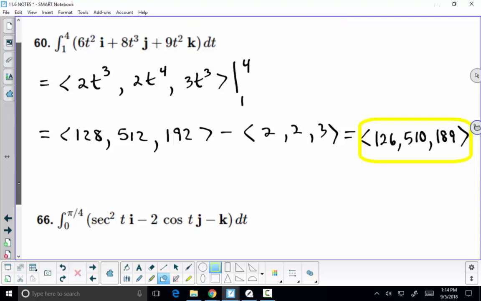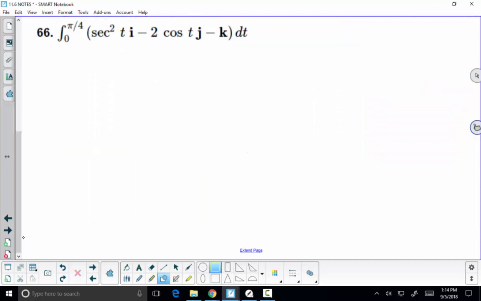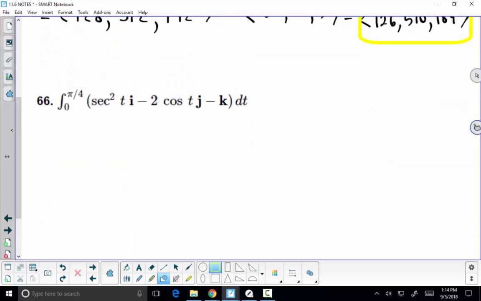Cool. Little trig. Again, I'll always do these with components, but if you want to keep the i, the j, and the k, just be really careful, use magic markers for the unit vectors. Do something to make sure you don't goof it up. Integral of secant squared, tangent of t.